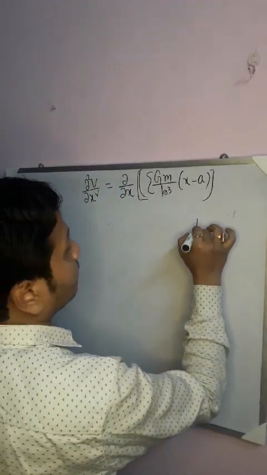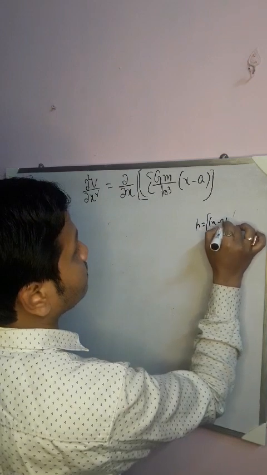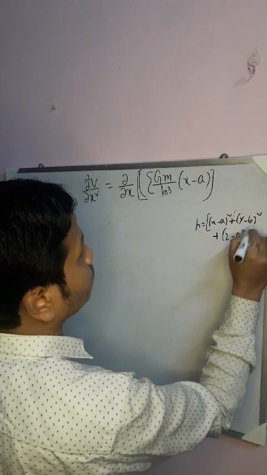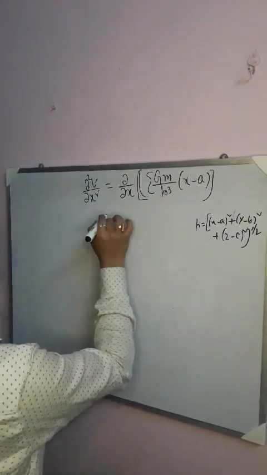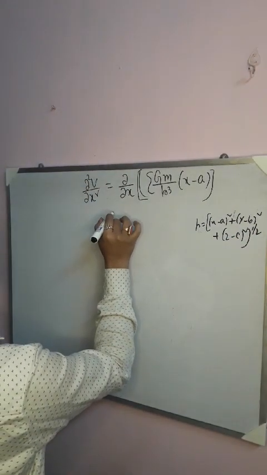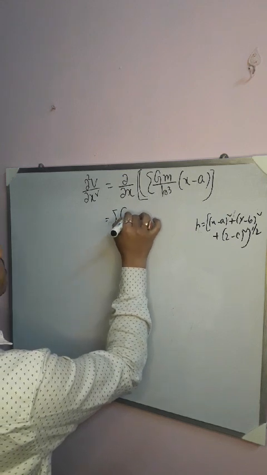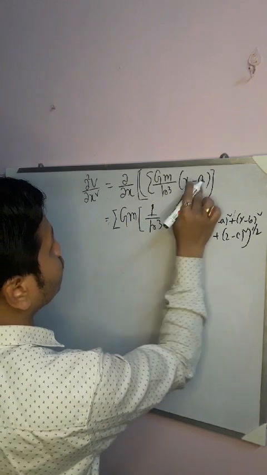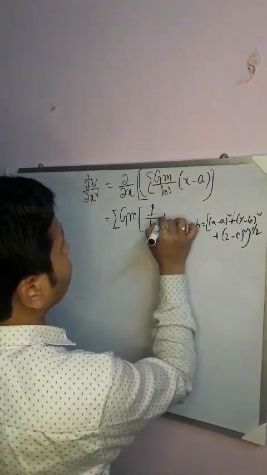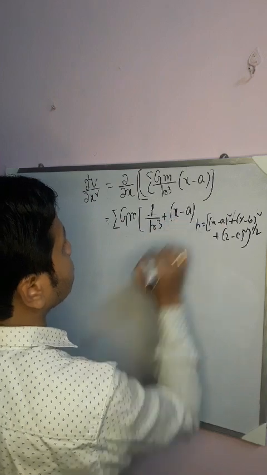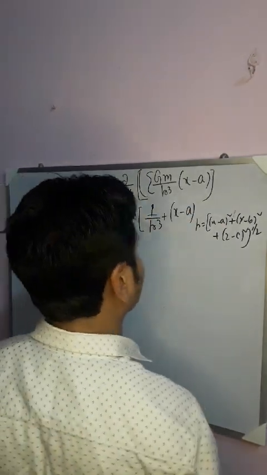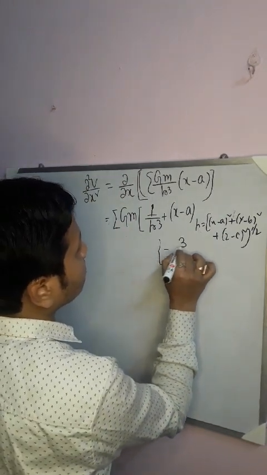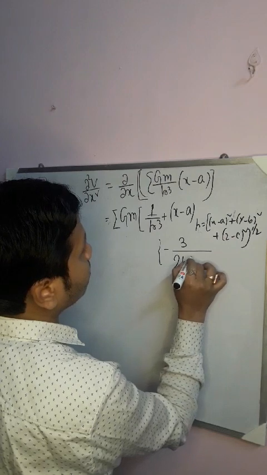Now r again is (x minus a) whole square plus (y minus b) whole square plus (z minus c) whole square, to the power half. Okay, so simply this is sum over GM, which is common for both terms. So take 1 by r cube fixed and differentiate, so there will be 1. And if you fix (x minus a) and differentiate, that is r to the power minus 3 by 2. That means this is simply minus 3 by 2 into r to the power 5.